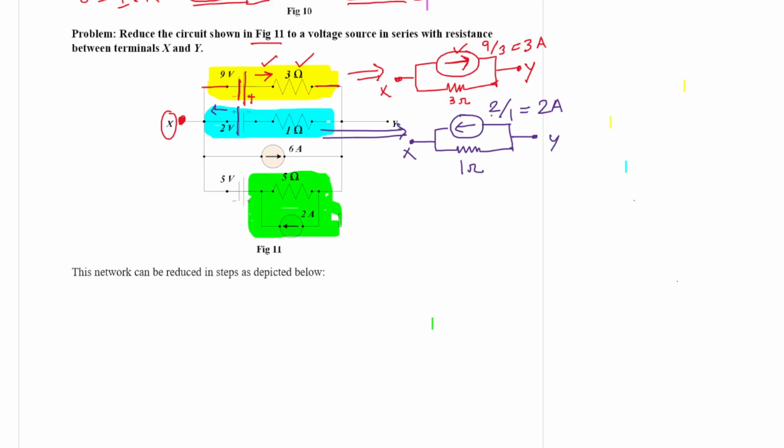So now you can convert it to an equivalent voltage source in series with a resistance. So this combination can be converted into a voltage source, in series with a resistance which is equal to 5 ohm.